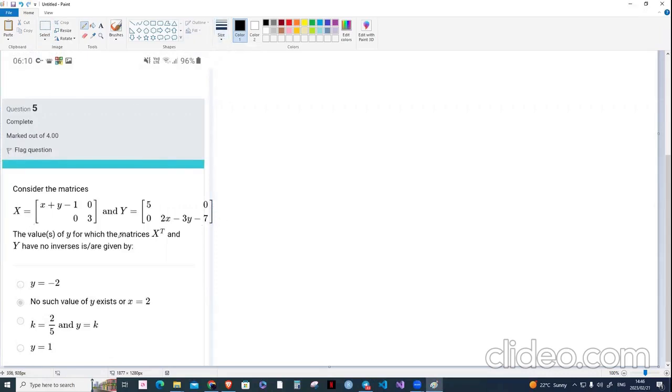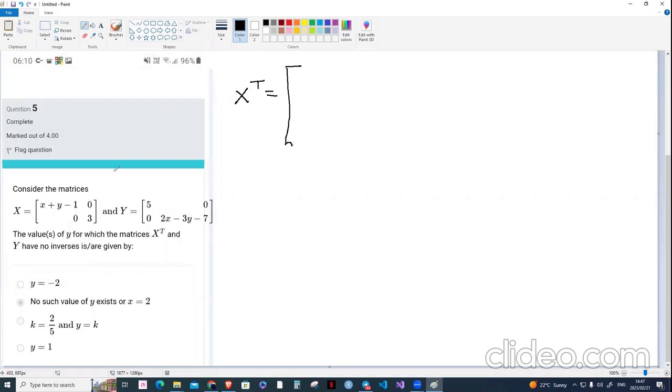Consider the two matrices, X and Y. The values of x and y for which the matrices XT and Y have no inverses are given by, well, there are two ways of solving this question, and I'm just going to go with the obvious one. Let's find XT first.